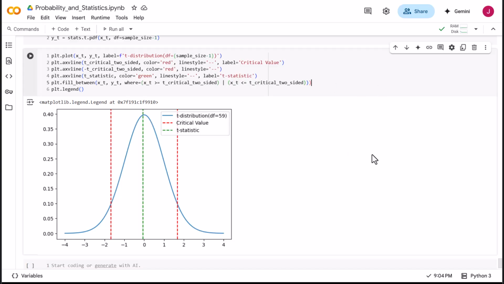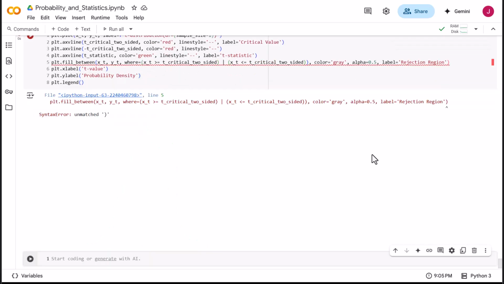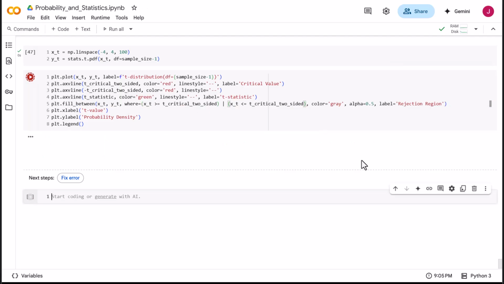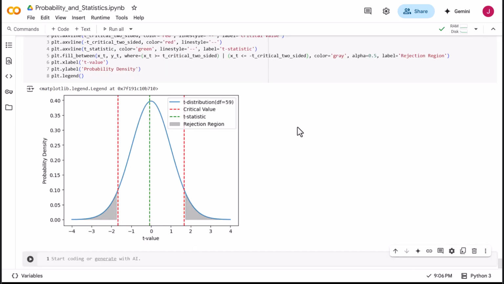And here we can add color is equal to gray, and alpha for transparency, and we can label it as rejection area. Where x_t greater than or equal to t critical two-sided, or x_t less than or equal to minus this.